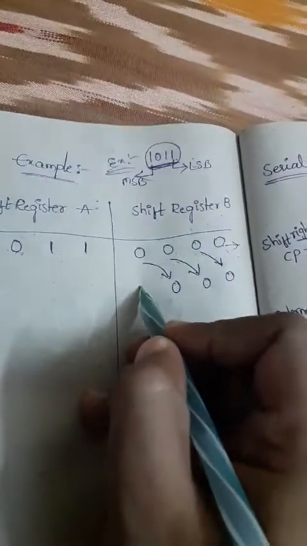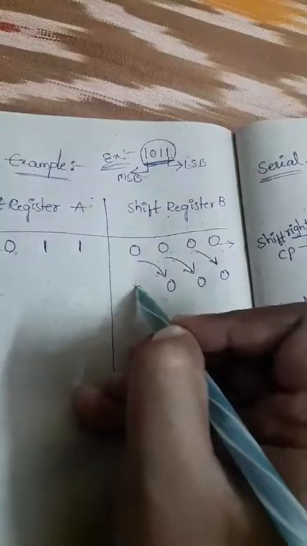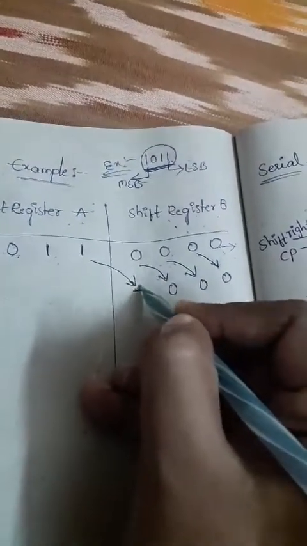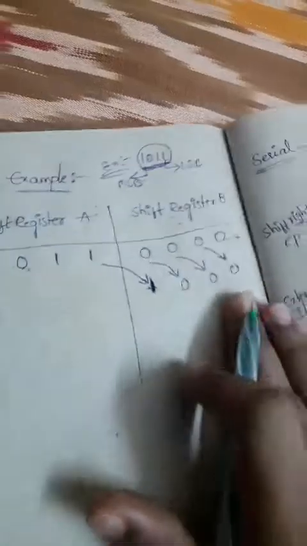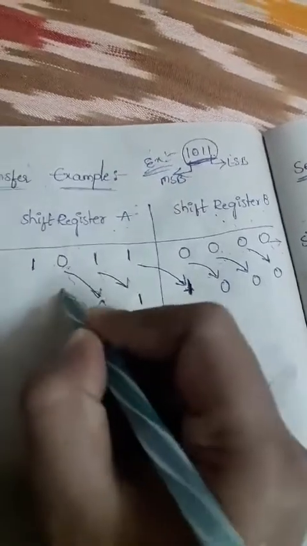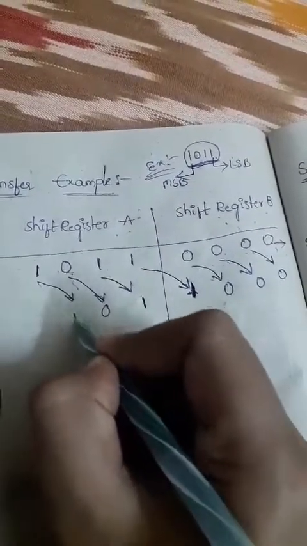Like that we can move the data. And coming to the MSB bit of shift register B, the LSB bit of shift register A we can shift here, so it can be shifted to the right side position. Here this 0 will be shifted to this position and this 1 will be shifted to here.